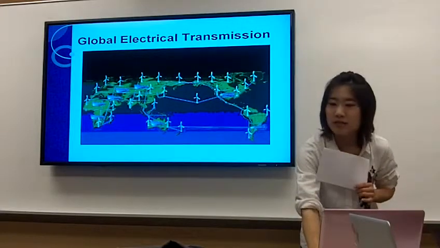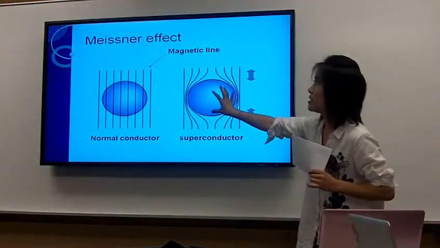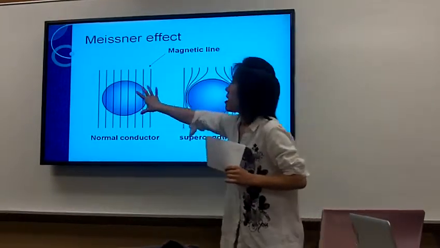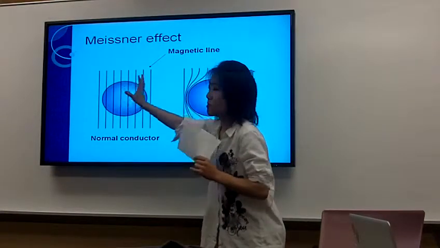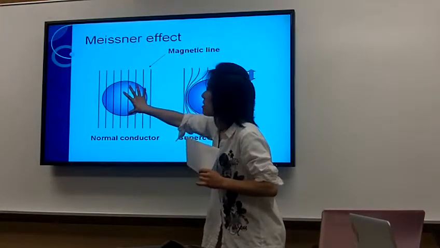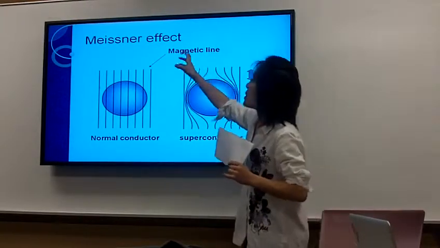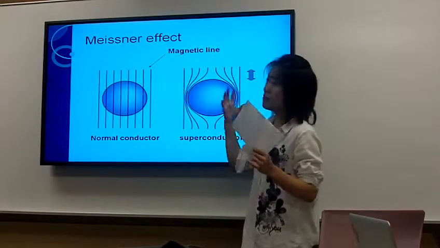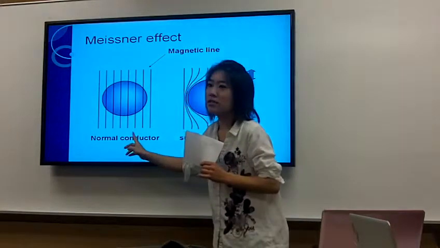Another characteristic of superconductors is the Meissner effect. This is a little bit difficult, so let me explain it. This is the object. You can imagine it as anything, a table or something. You all know magnets, right? When a magnet approaches the object, there are actually some invisible magnetic field lines. They can go through all things.